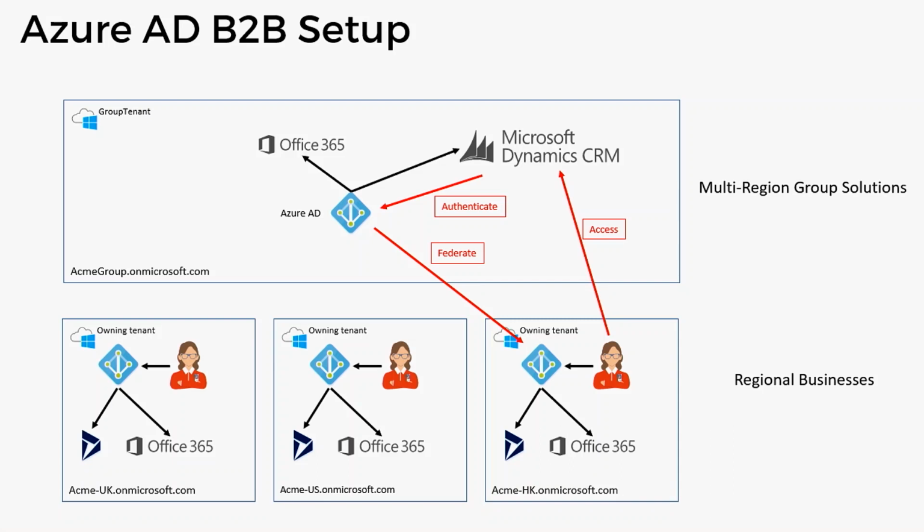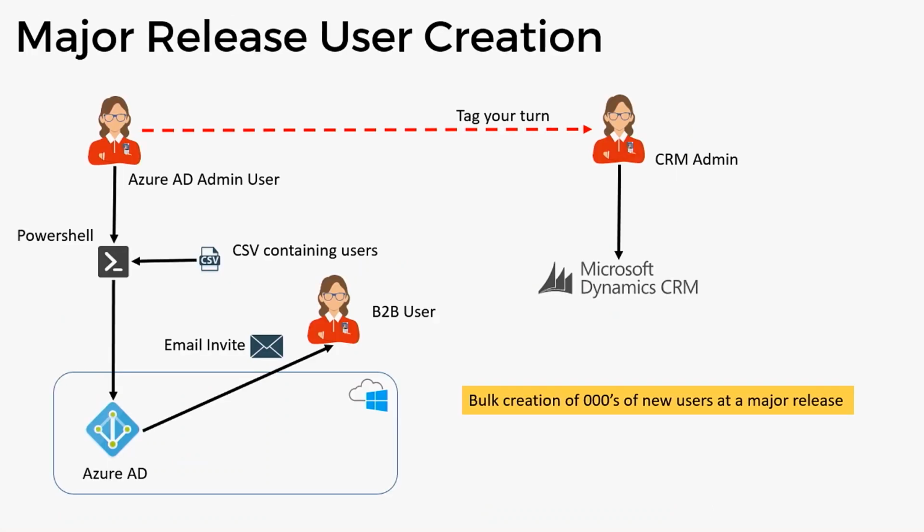Now, as we go through our journey, the big challenge from a user perspective is getting people set up in that model, because there's quite a lot to it. When we do major releases, so when we onboard a new business, we're quite lucky that there's a good batch way of doing this.